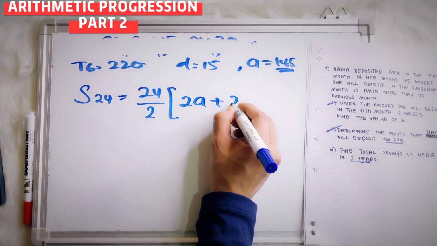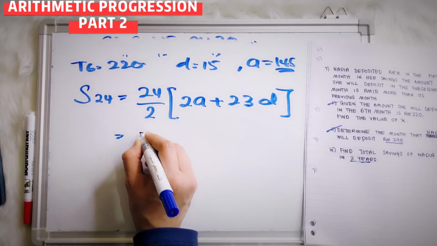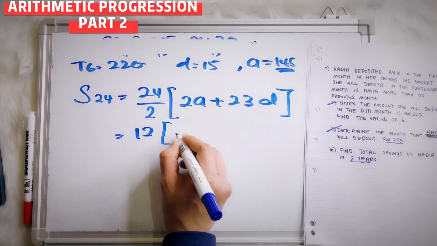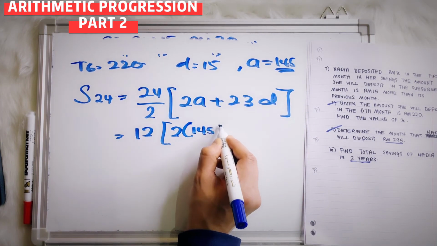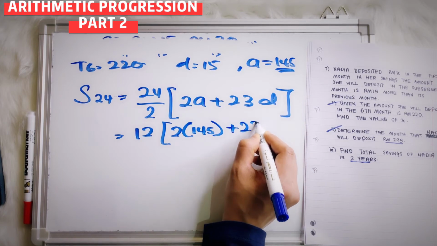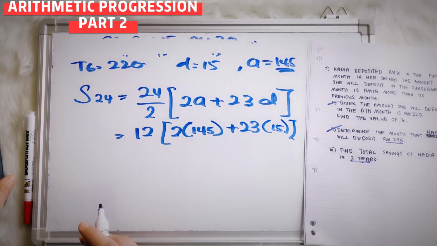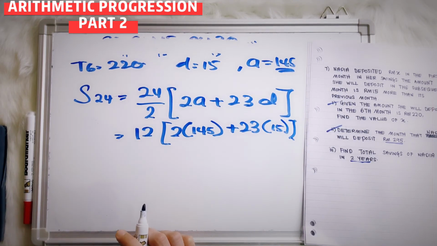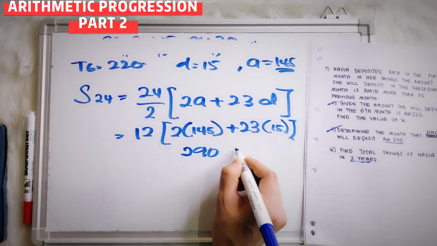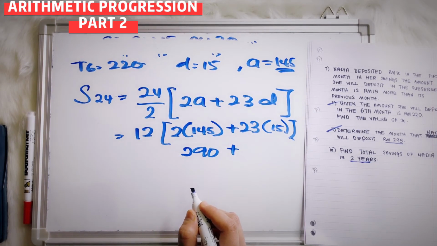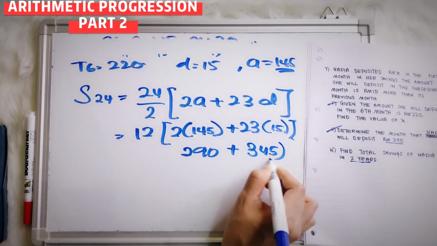S24 equals 24 over 2, times 2a plus 23d. We substitute here. 24 divided by 2 is 12. Our a is 145, d is 15. 145 multiplied with 2, we have 290. 23 multiplied with 15 is 345.